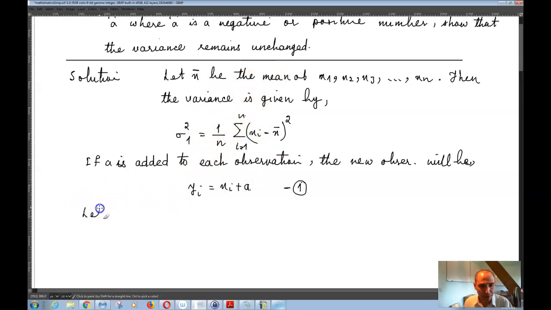Now let the mean of the new observations be y bar.